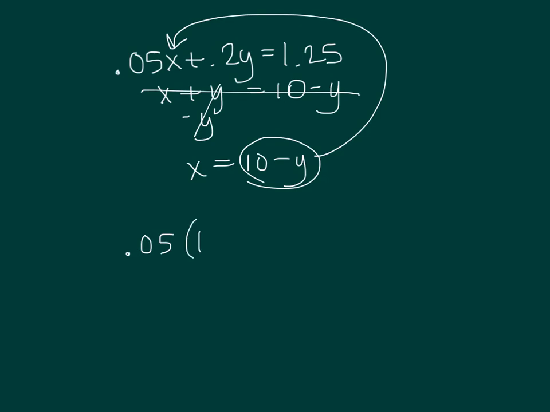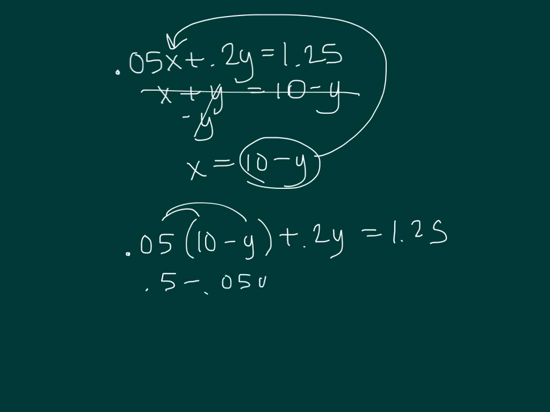So instead of 0.05 times x, I'm going to have 0.05 times (10 minus y), plus 0.2y equals 1.25. So the first thing I'm going to do is distribute that 0.05 in, giving me 0.5 minus 0.05y plus 0.2y equals 1.25.